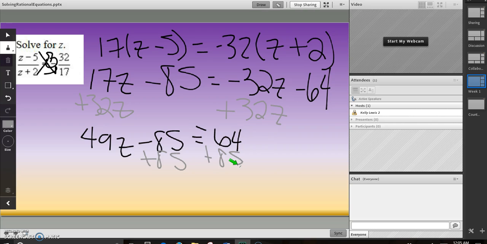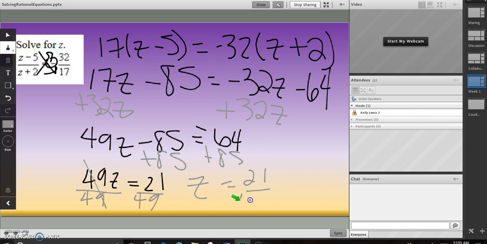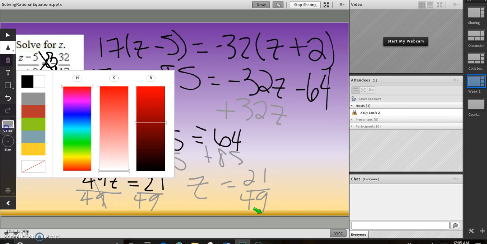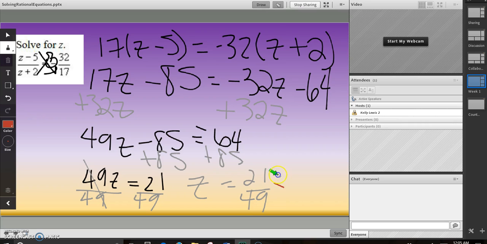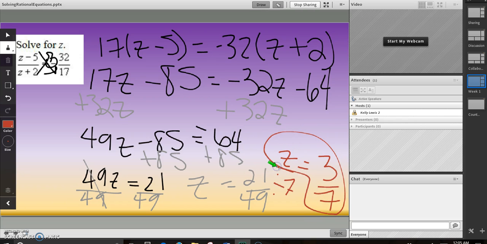Negative 64 plus 85 is 21. 49z equals 21. I'm going to divide by 49. So I get 21 over 49. However, I can divide everything by 7. 21 divided by 7 is 3. 49 divided by 7 is 7. So z equals 3 sevenths.